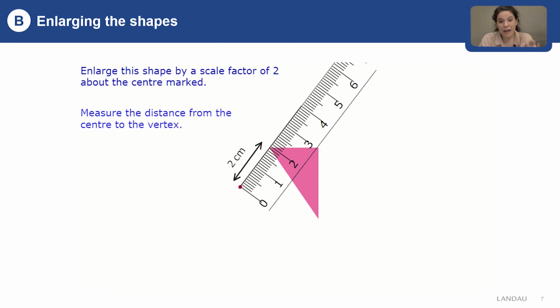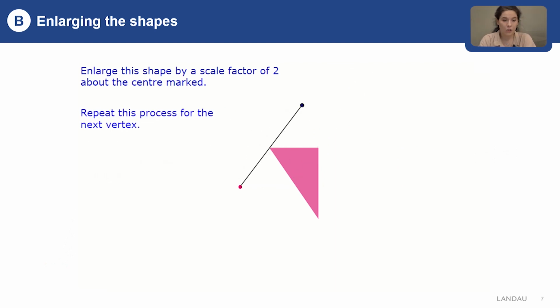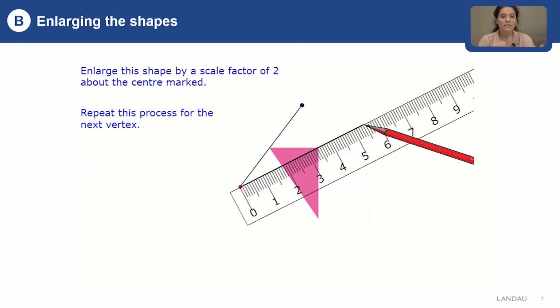Since the scale factor of this enlargement is 2, the distance between the center and the image point should be 2 times more. Of course, it will be 4 centimeters. So we are drawing the same as required. We have to repeat the process for the next vertices.